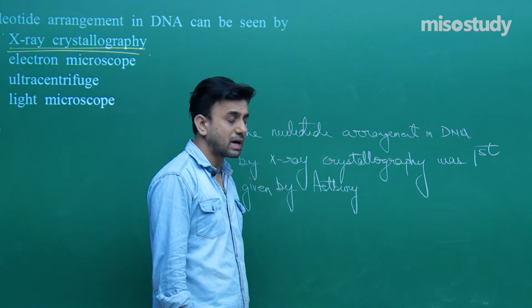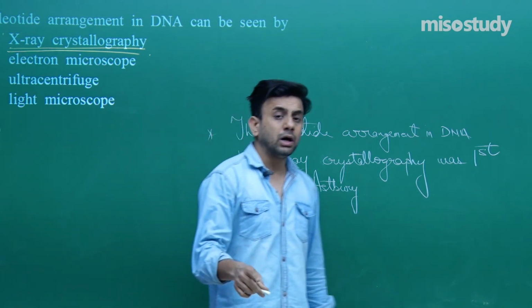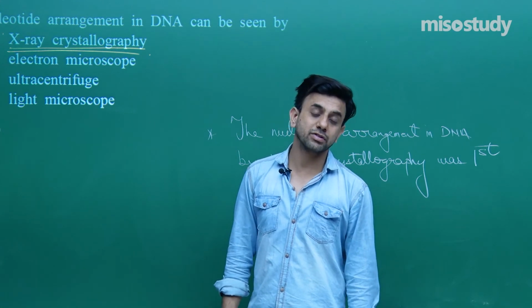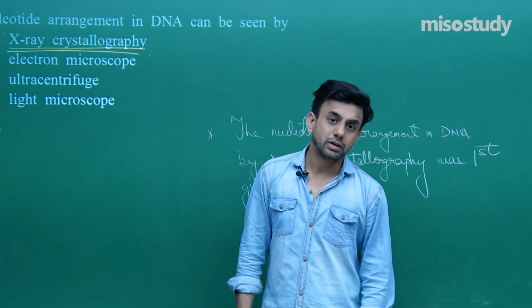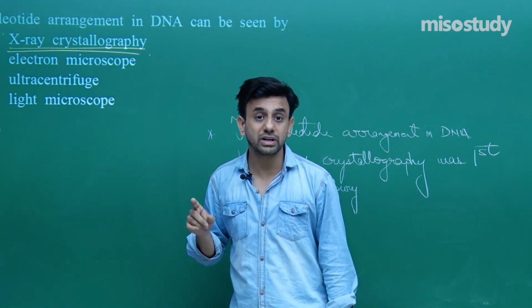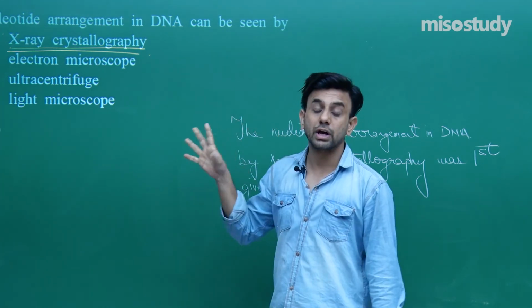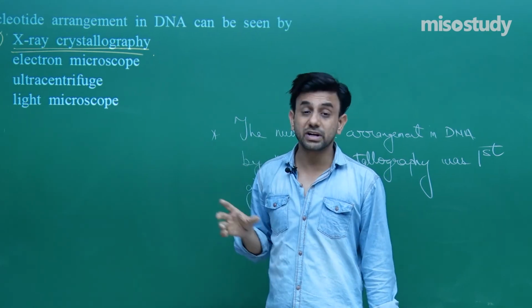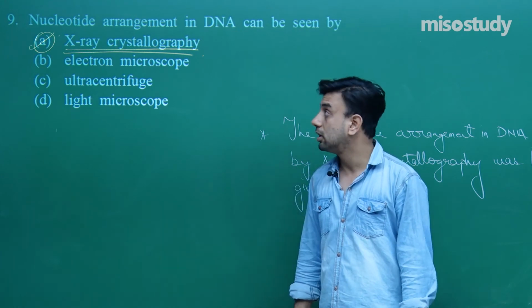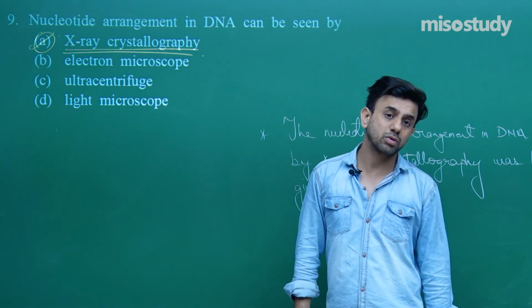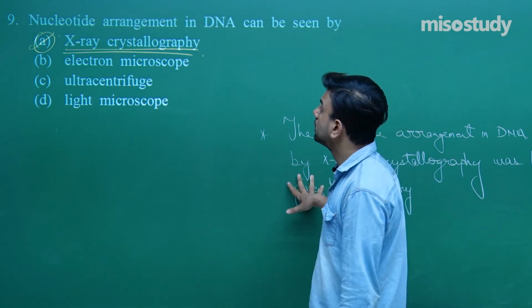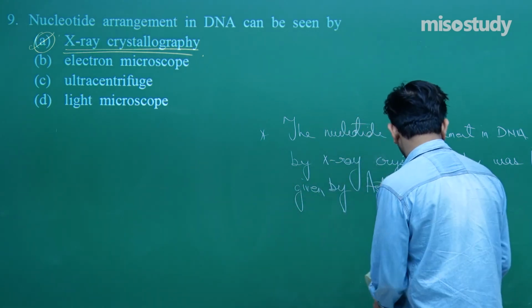Okay, it was first given by Astbury. You remember, the 3D structure of DNA work was also done by Wilkins and Franklin. We will talk about the semi-conservative nature in the last question. So, X-ray crystallography.